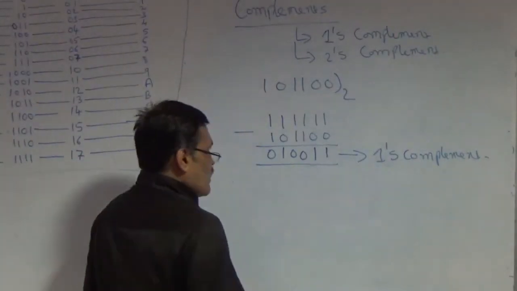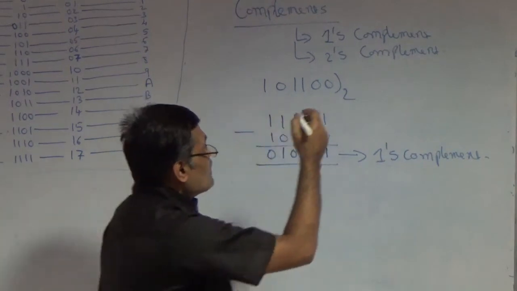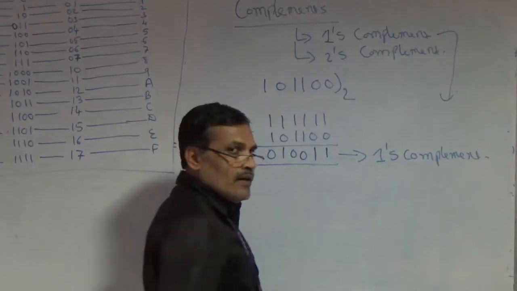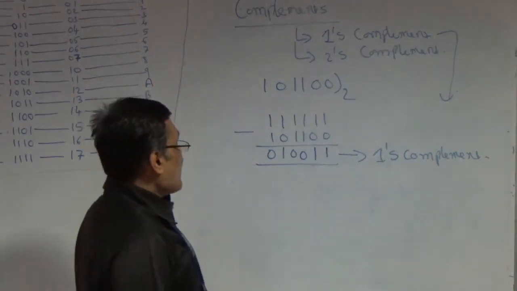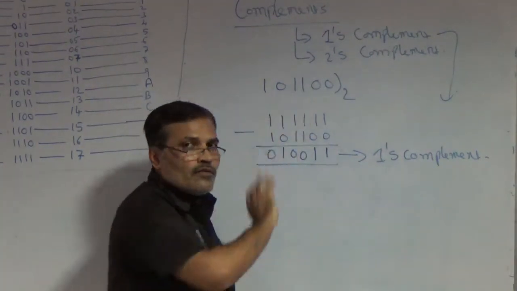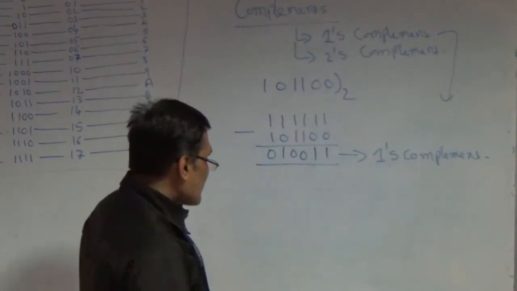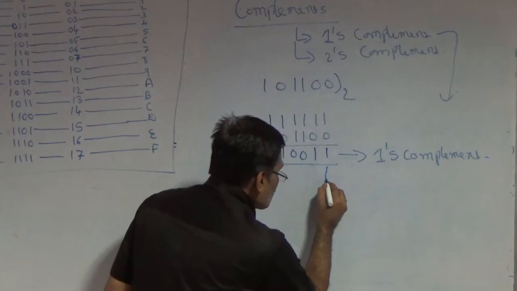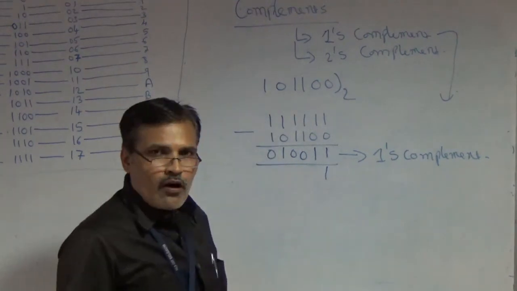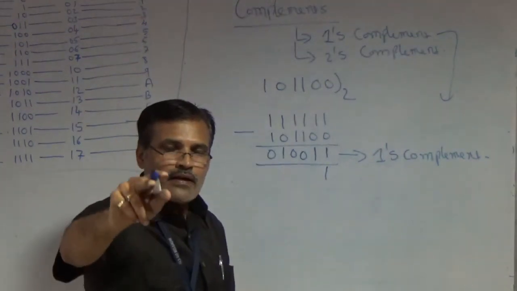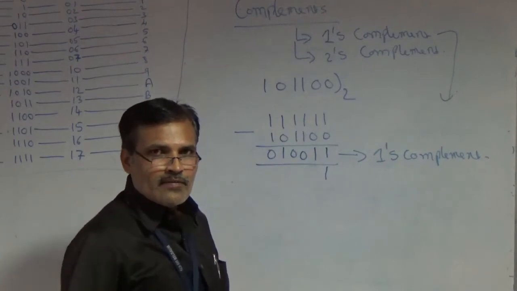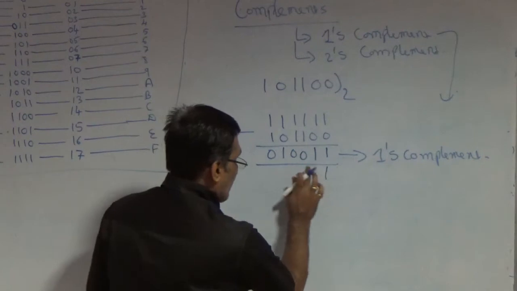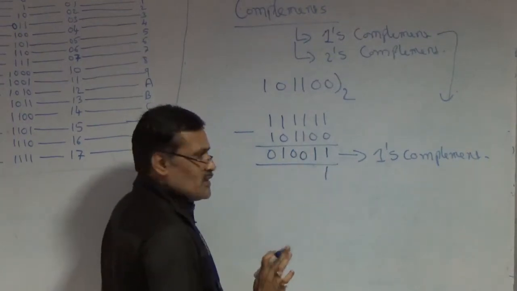Okay. Now, what about the twos complement? So we have found the ones complement of the given number. In the same way, if you have been asked to find out the twos complement of this given number, in that case what you need to do? You need to add 1 to the least significant bit of the ones complement number that is generated. That itself is your twos complement. Okay. So now this is the ones complement that is generated.